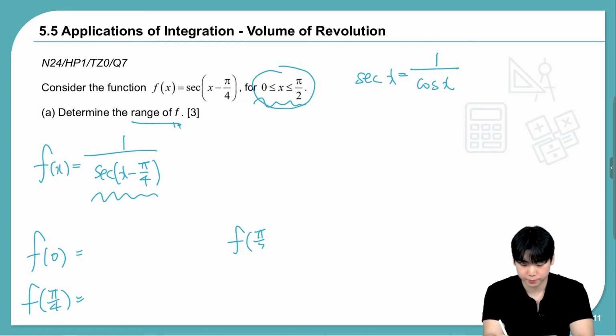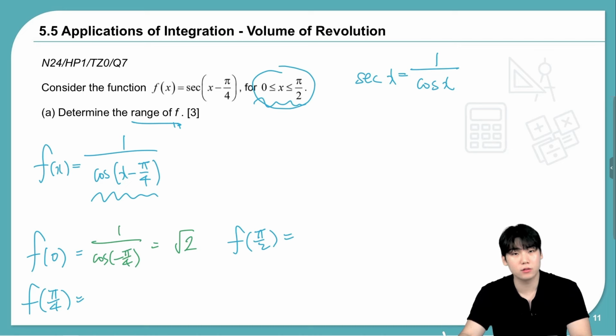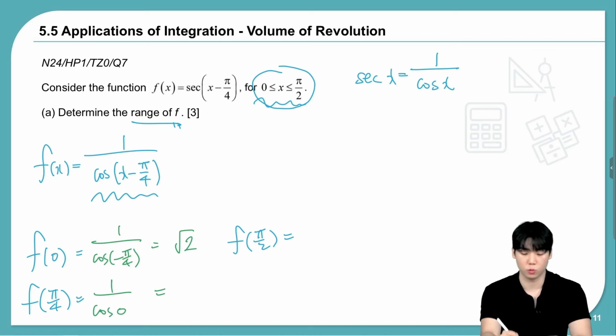And let's evaluate what's f of 0. So that is 1. Oopsie, I made a mistake there. It shouldn't be secant. It should be cosine. That was a pop quiz. Okay, so f of 0 is 1 over cosine of minus pi over 4, and that is root 2. And f of pi over 4 is 1 over cosine 0, so that is just 1.